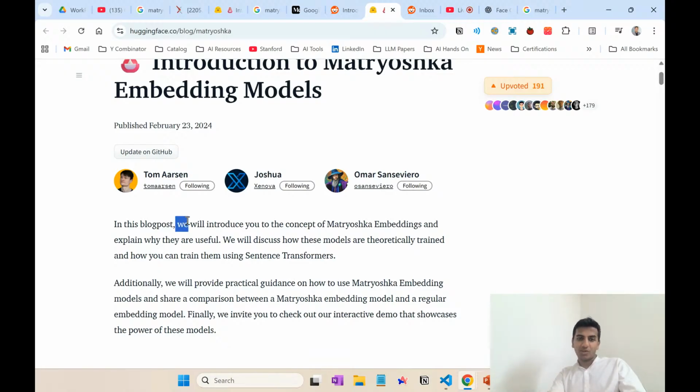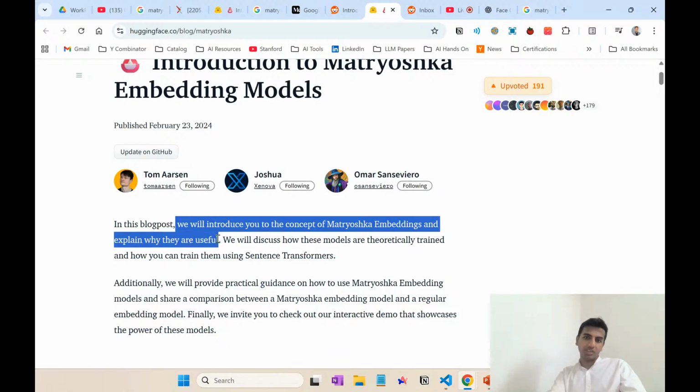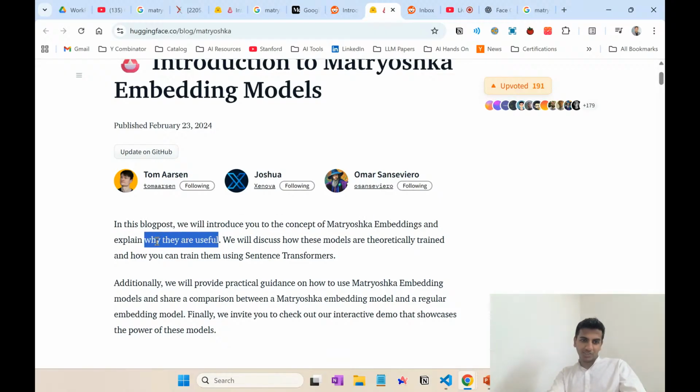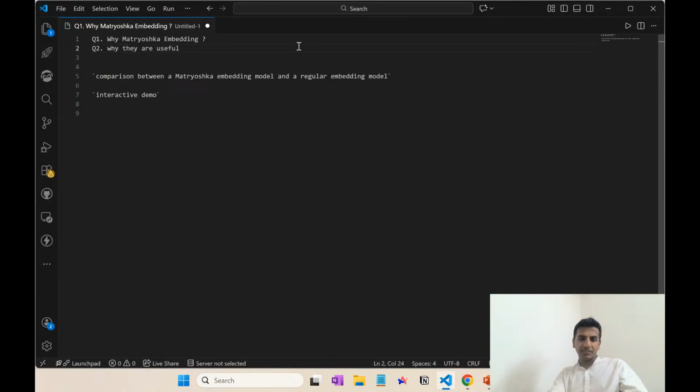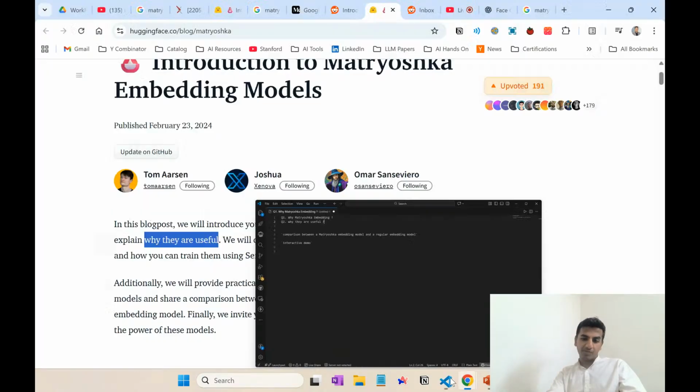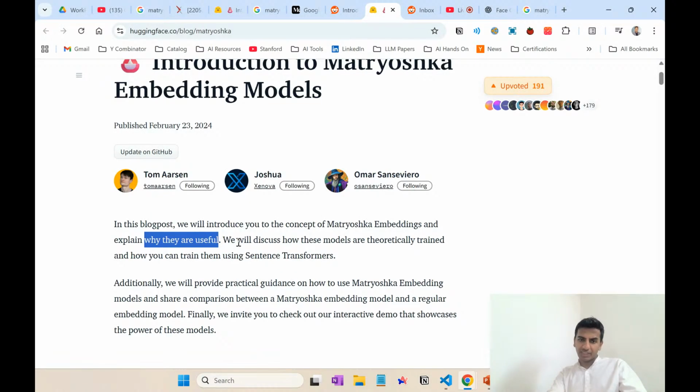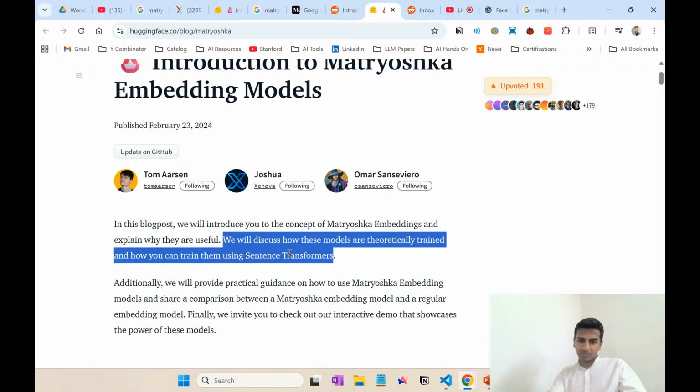Yeah, so in this blog post we will introduce you to Matryoshka embeddings and explain why they are useful. Why they are useful should be the first question. What are the underlying principles? It's faster, but it's not something you can just describe personally, because something faster might not be accurate in your scenario.